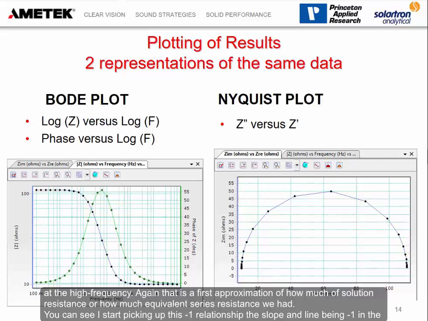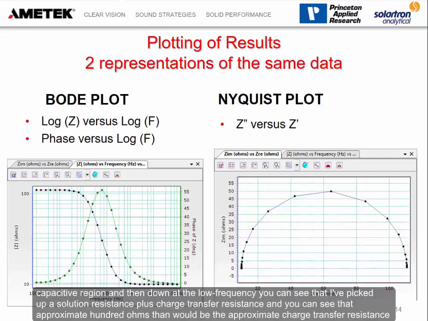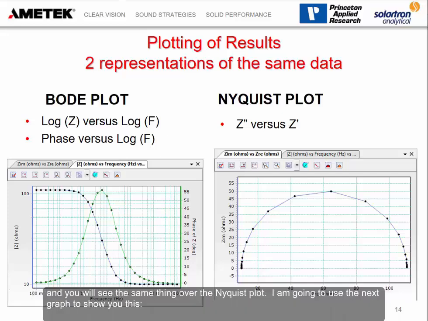You can see I start picking up this -1 relationship, the slope of the line being -1 in the capacitive region, and then down at the low frequency, I've picked up a solution resistance plus charge transfer resistance, approximately 100 ohms, so that would be the approximate charge transfer resistance. You will see the same thing over here on the Nyquist plot, but I'm going to use the next graph to show you this.